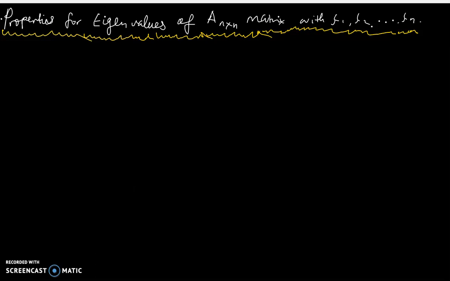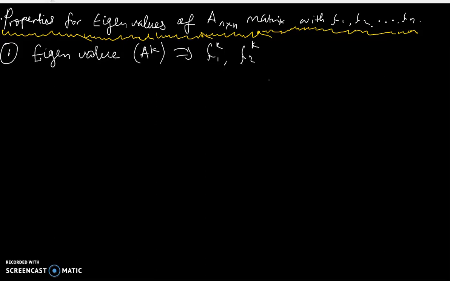So the first property that we need to talk about, property number one, is that for eigenvalue, let's say that we have eigenvalue A^k, with a subscript k. This is equivalent to lambda 1 to the power k, and then we also have lambda 2 to the power k, up to lambda n to the power k.